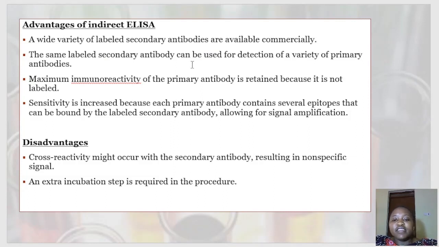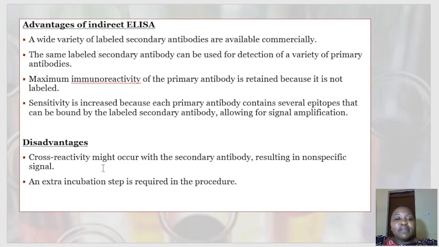The same labeled secondary antibody can also be used for a variety of primary antibodies. Maximum immunoreactivity of the primary antibody is retained because it is not labeled with an enzyme. Sensitivity is also increased because the primary antibody has several epitopes to which the secondary antibody can bind, so the signal can be amplified.